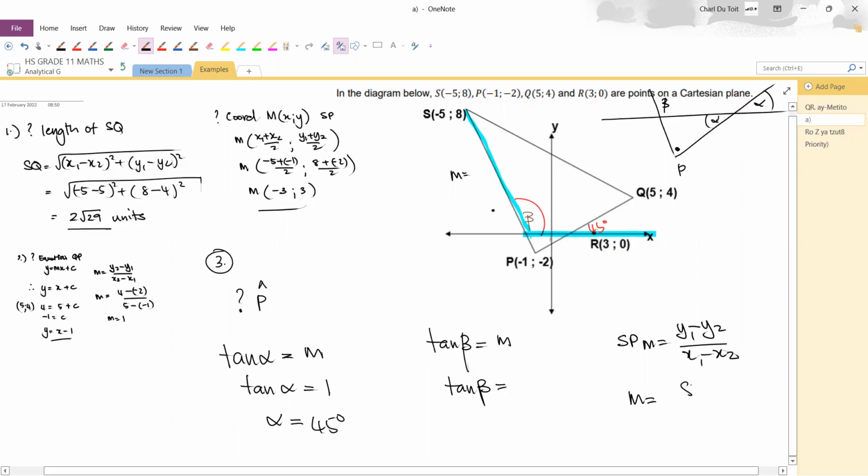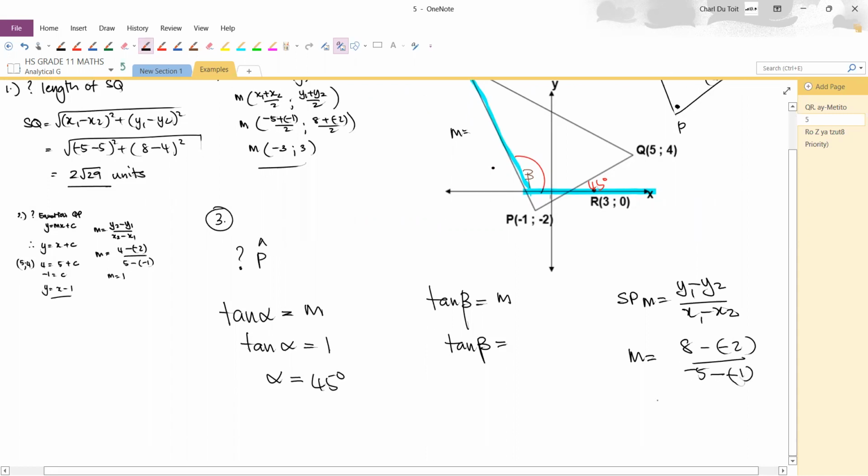Then it's 8 minus -2, or 8 plus 2, over -5 minus 1. That's 10 over -4, which is the same as -5 over 2. See if you get that. Yeah, I got it. Good. Get the angle now.